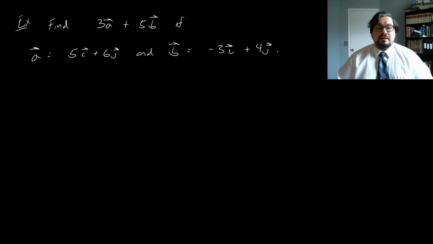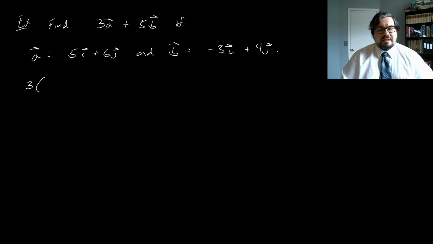Let's look at another example. Let's find 3a plus 5b if a is equal to 5i plus 6j and b is equal to negative 3i plus 4j. Here, again, we can treat the i's and j's like variables and simplify the expression 3a plus 5b, see what we get at the end, and that'll be our vector.